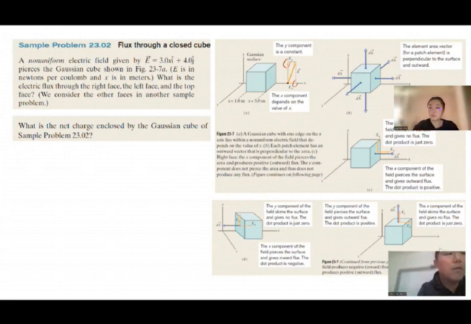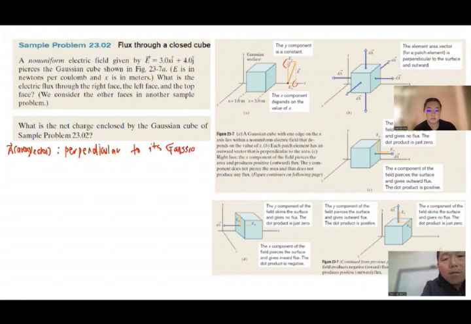In order to estimate the quantity of electric flux, the first step is to set up the area vector. Normally, the area vector is perpendicular to the surface of the Gaussian cube, or Gaussian surface. So here, vector A is the area vector, and that is normally perpendicular to the Gaussian surface.